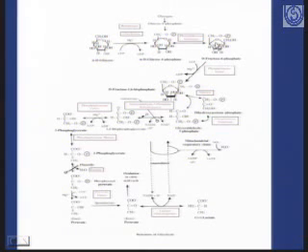Now the next important step is the conversion of fructose 6-phosphate to fructose 1,6-bisphosphate. This is again an irreversible step, and being irreversible, it is another regulatory step of glycolysis. In fact, it is one of the most important regulatory steps of glycolysis. Why do you think this is the most important step?